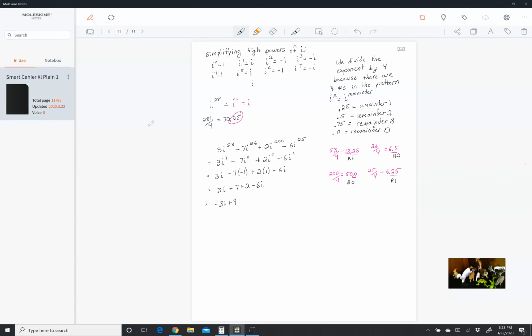Okay. And there's a little bit of space left on the page. You're probably going crazy right about now, but I'll do an extra example. You can always stop watching if you really get it.